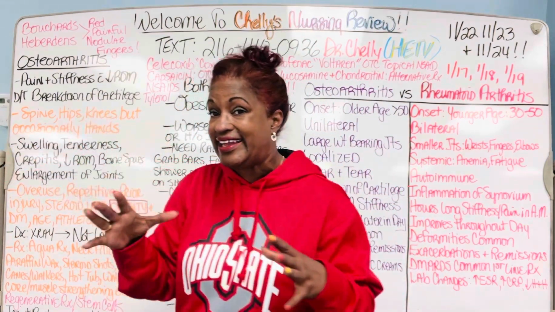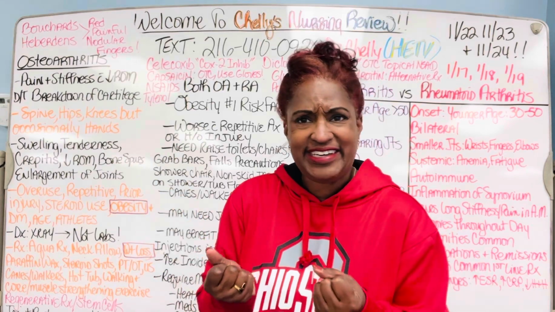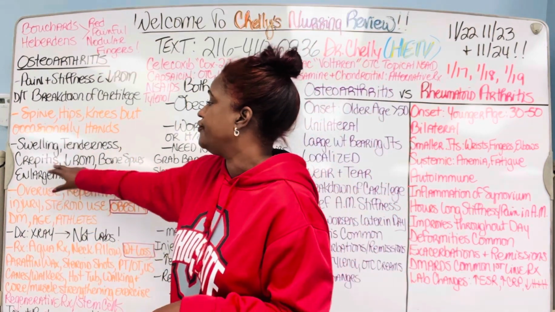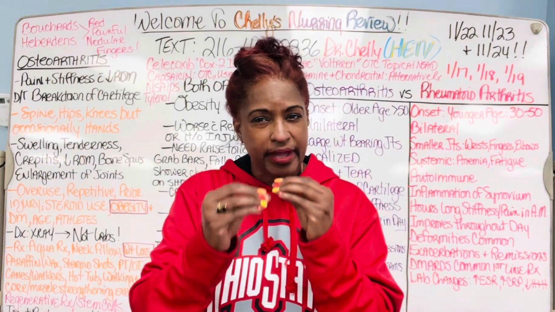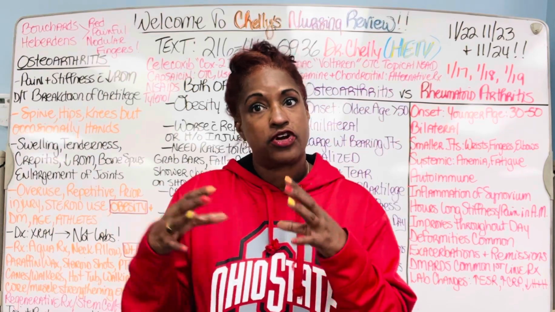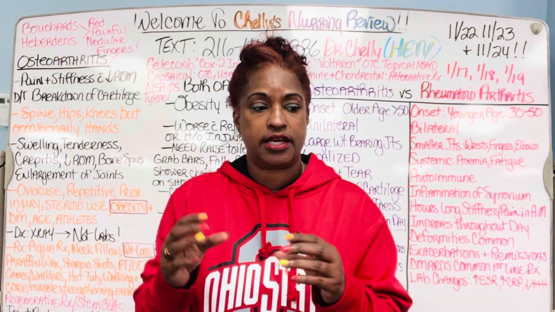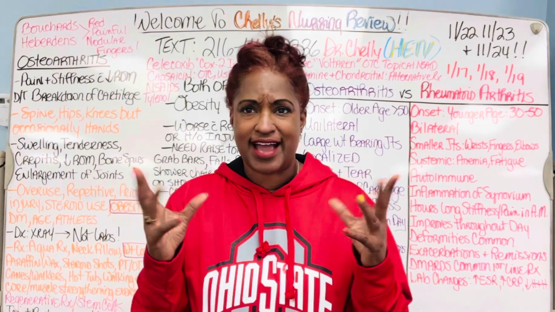There is swelling at the time, sometimes, of this pain and tenderness. There is crepitus, which just means two joints or bones rubbing against each other, colliding with each other in the joint itself, and it has a grating feeling and a crunchy kind of sound.